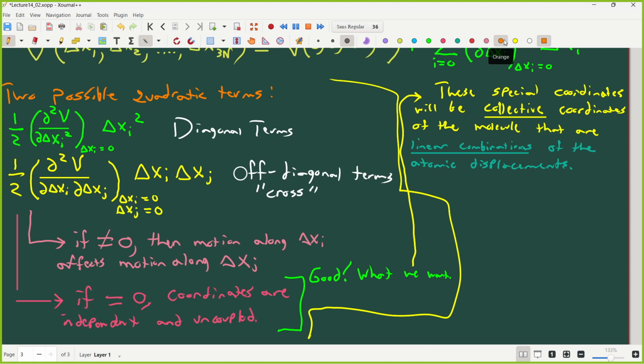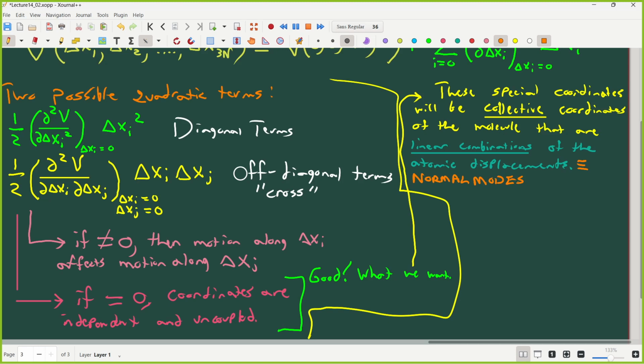I won't define it just yet, but I want to use this vocabulary now. These special coordinates are called normal modes. I'll redefine this in a little bit, but just to have this term available for us. These special coordinates, where we can independently move the atoms collectively and it doesn't affect the other collective motions of the atoms, these independent vibrations, are called normal modes.